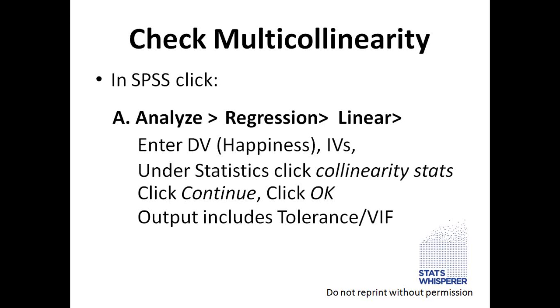So, very simple to examine, and we'll look at it when we get to our regression model. When we run our regression model, we just make sure, at the last line here, we click tolerance, and we click collinearity stats, and it'll give us the tolerance and VIF.